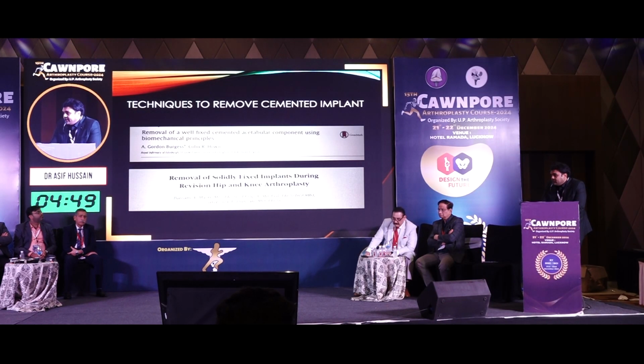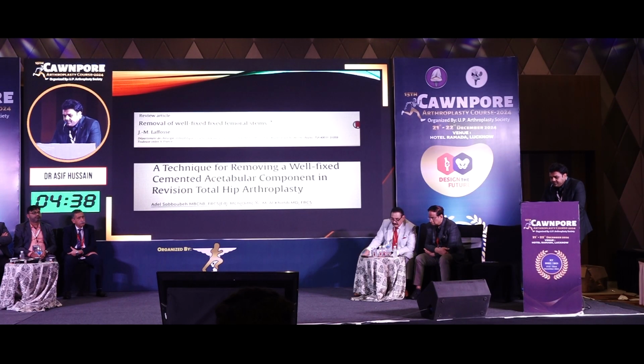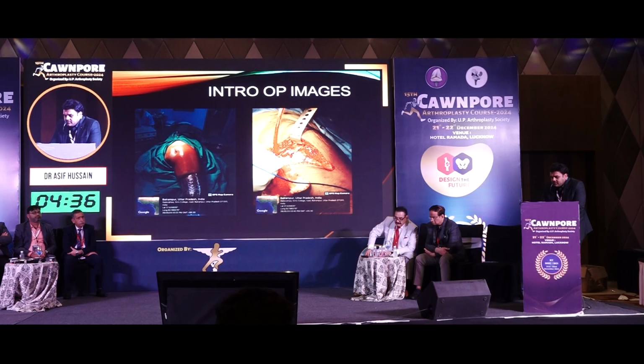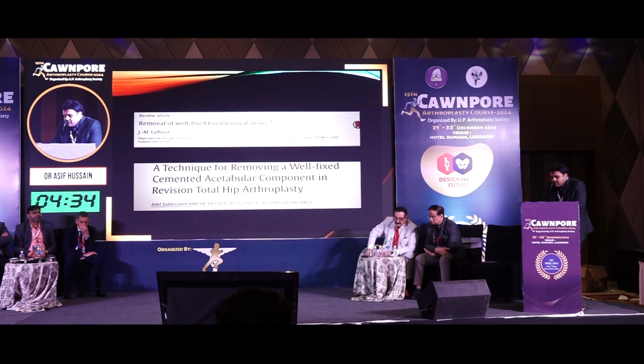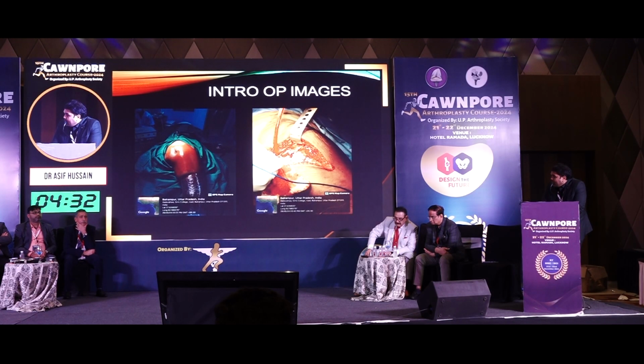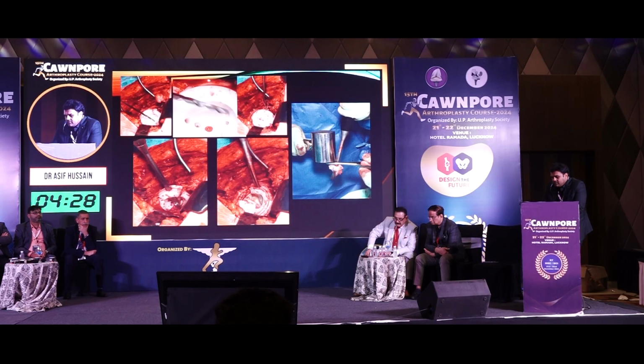For the technique to remove the cemented stem, as sir already explained, we went through some literature and found out. These are the intraoperative images. I used the posterior approach. Here we removed the stem through a drill and made a V, and did all these things.